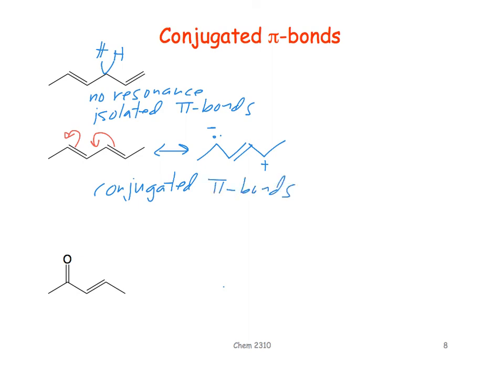All right? And even though the resonance contributor on the left would be more stable, the one in the middle also contributes some to the overall character of the molecule. And the way that we would see this is that when we draw this, let me redraw this over here.